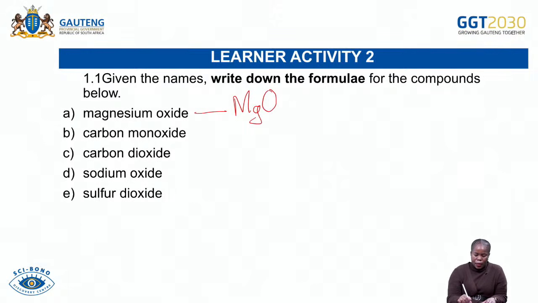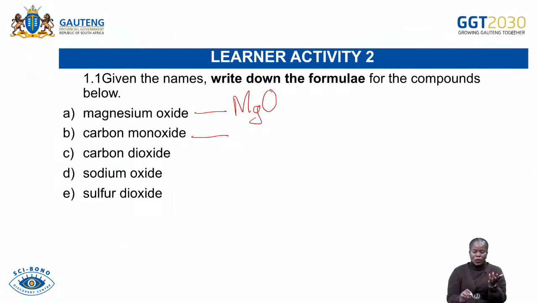And then the second one being carbon monoxide. Remember what we said about the prefixes that we use. We use mono, we use di, and we use tri. Mono means 1, di means 2, tri means 3.